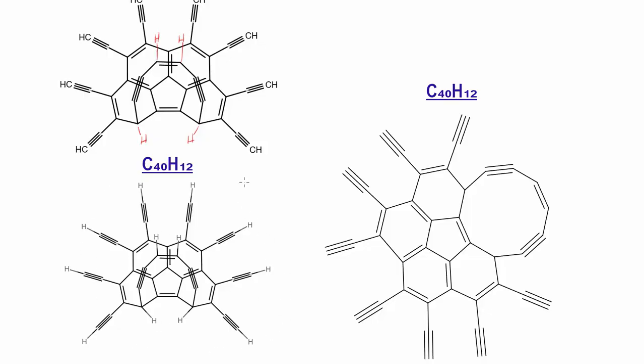if we quickly do that, 1, 2, 3, 4, 5, 6, 7, 8, 9, 10, 11, 12. So you can see we've got 12 hydrogens. I'm not going to count up the carbons. You can feel free to do that in your own time.